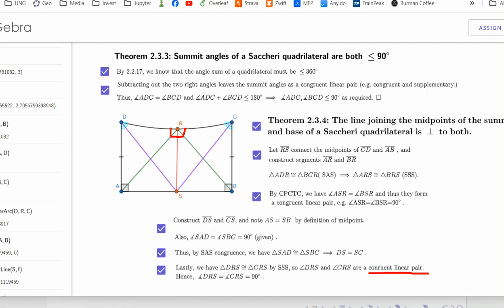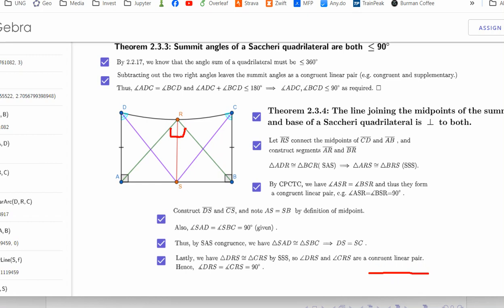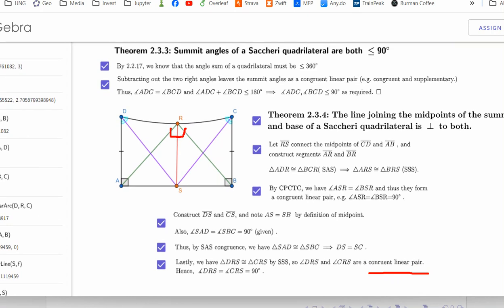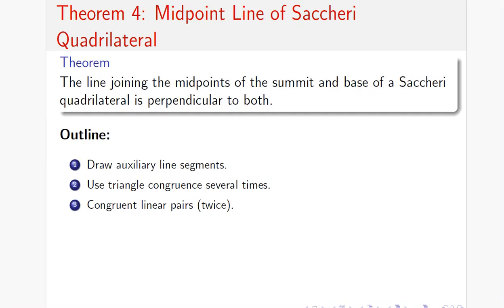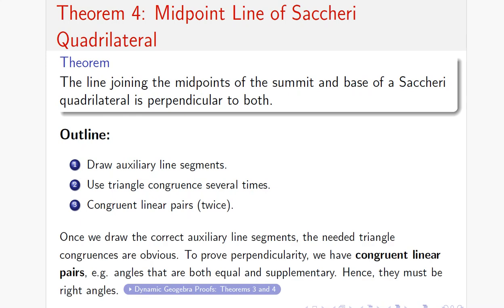So again, sorry that this proof got so big. That wasn't really my intention, but it happens. Again, the idea of congruent linear pair is how we're going to prove the triangle congruences. Okay, so let's jump back in. 4 theorems down now.